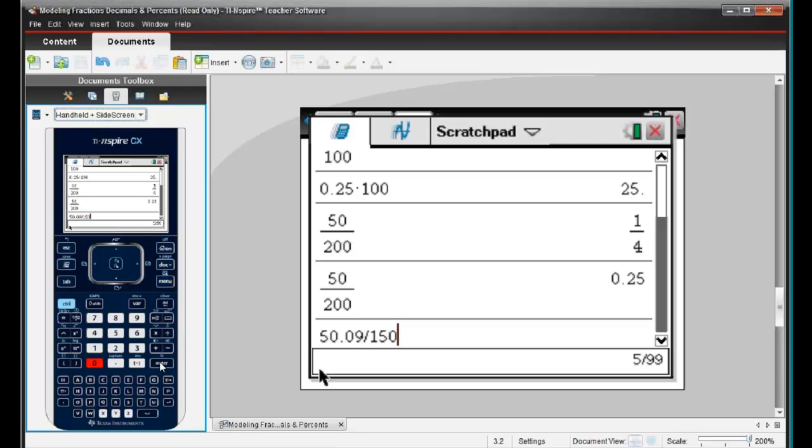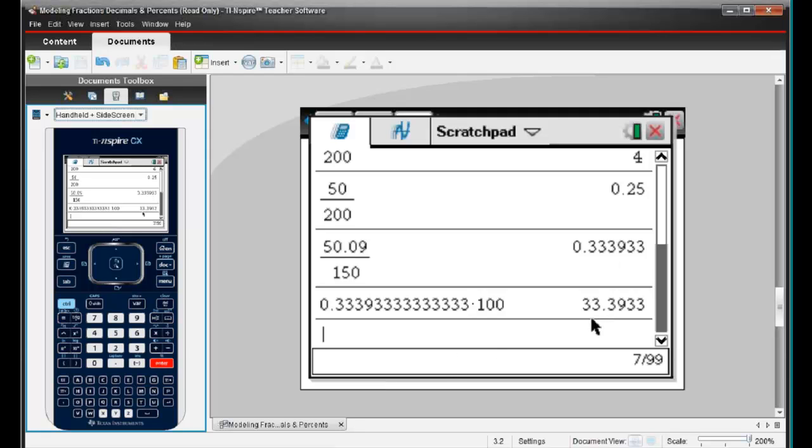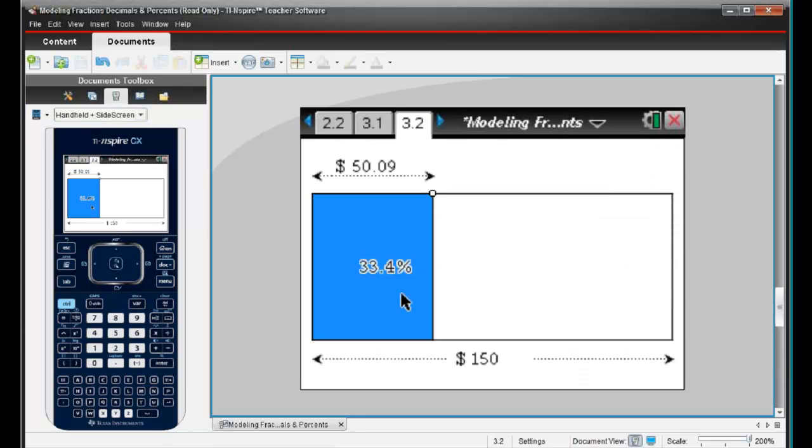If we perform that division, it goes straight to the decimal because this doesn't reduce to a nice clean fraction. But what we do have is this decimal, which we can convert to a percentage, which is about 33.4%, which corresponds to our area model.